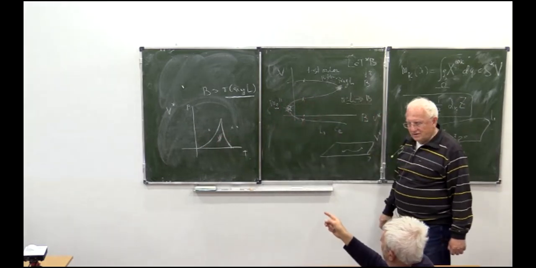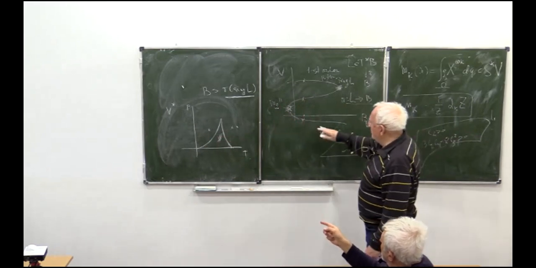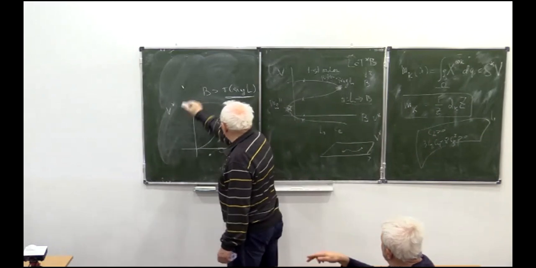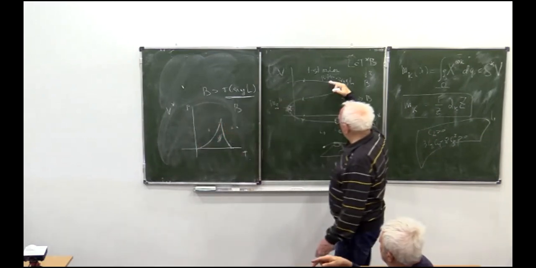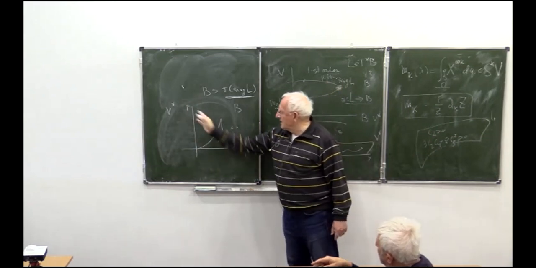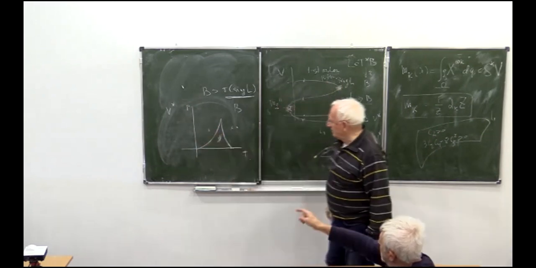It's in G1? No, it's on the base. So this is our B. Yes, it's the projection. So these are the singularities I projected onto B, and for gases it's just temperature and pressure.